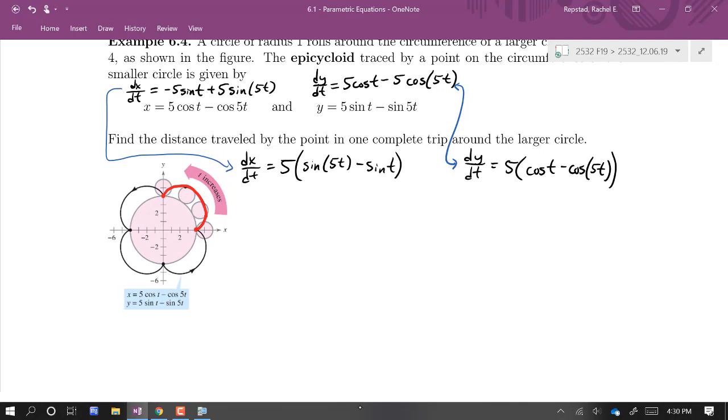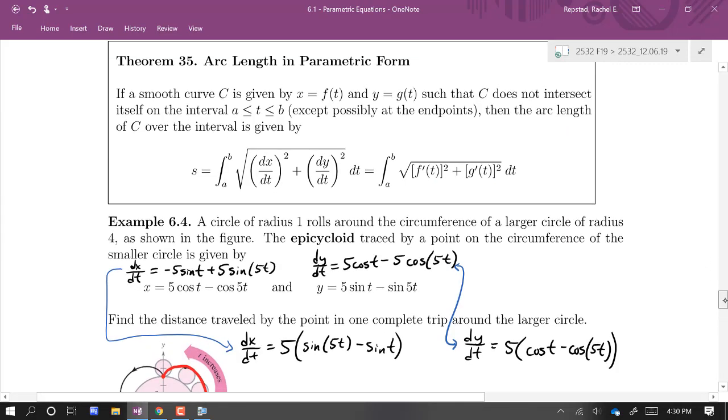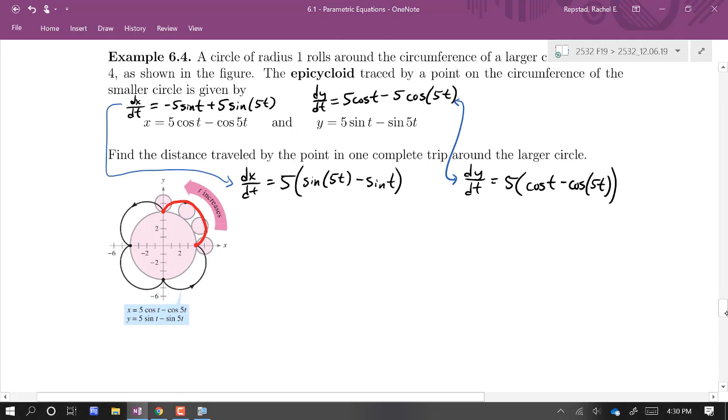So I found dx/dt and dy/dt because that's what's in the integral formula above in the theorem, theorem 35. So what I need to do now is square both of these derivatives, add them together, and throw them inside a radical. So dx/dt squared. If I'm squaring that product, I'm going to square both factors.